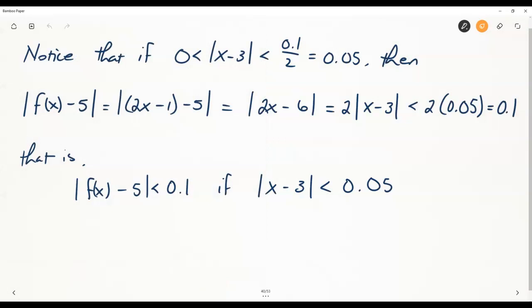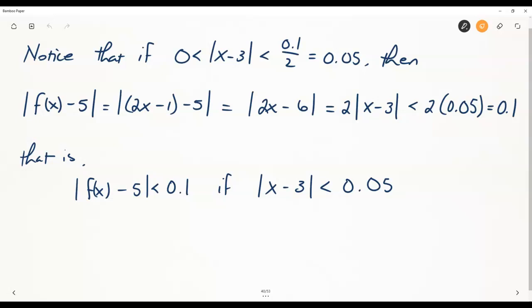Now let's look at what the absolute value of f of x minus 5 is actually equal to. Remember, in the context of limits, x is not equal to 3 itself. So we're on the piece of that graph so that f of x is equal to 2x minus 1. Well, what is 2x minus 1 minus 5?